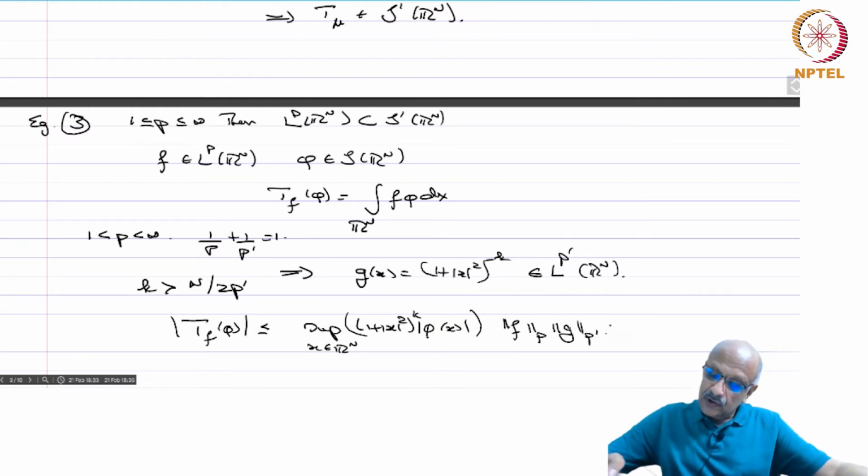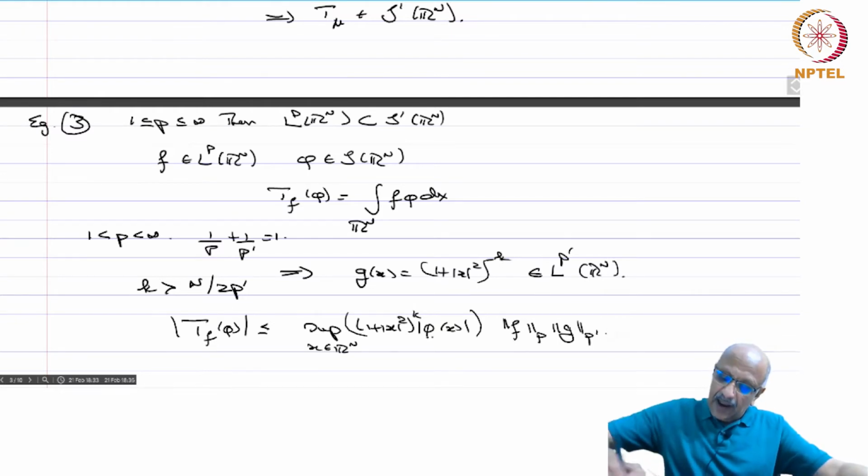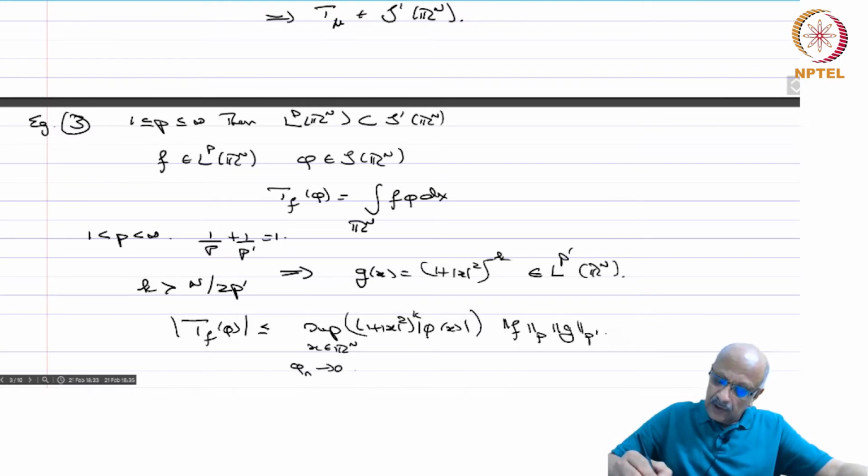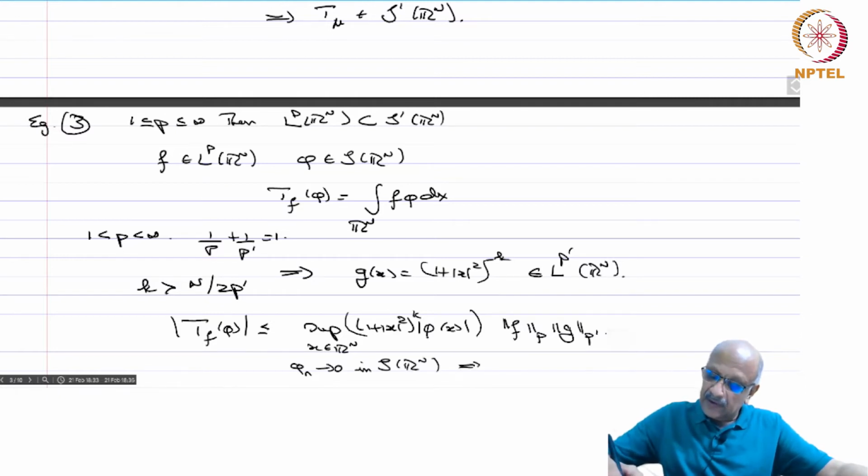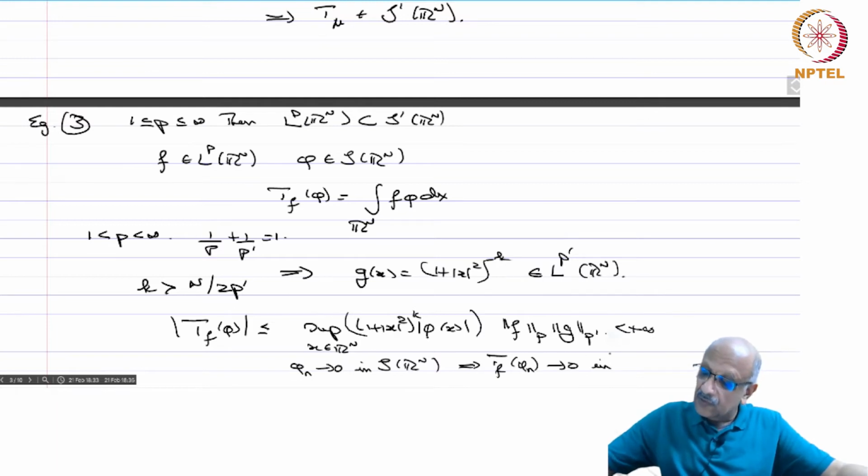Okay, so this shows that this is finite, and if phi n goes to 0 in S of Rn, this implies that Tf of phi n goes to 0. Okay.